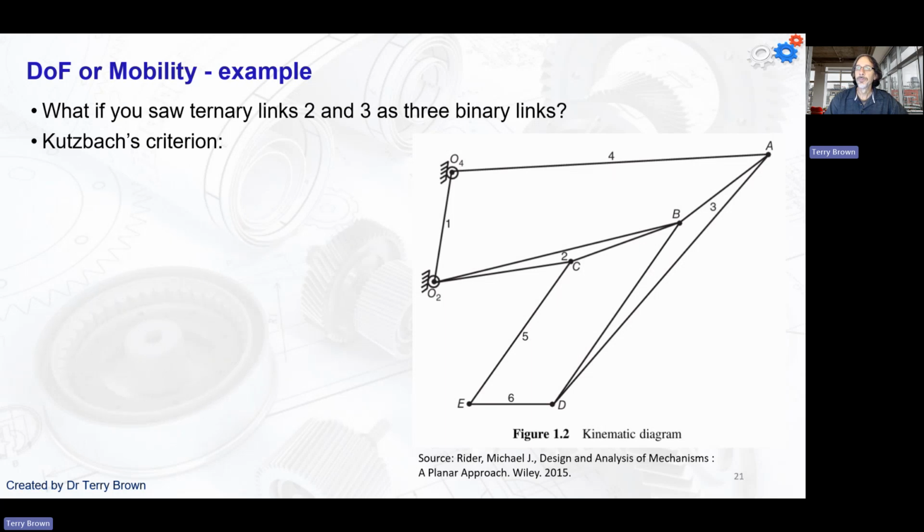All right, so just quickly, if you had made the mistake of seeing links 2 and 3 as 3 binary links, let's see how that works with Kutzbach's criterion. So number of links including ground, you got 10. Count the number of joints if you think that there are 10 binary links.